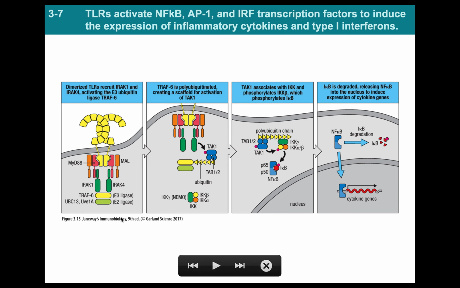Ubiquitin is put on by these things called an E1, E2, and E3 ligase. I think the IRAK proteins are going to act as the E1, and then the E2 and the E3 are going to bind to them. We don't have to remember which exact version of an E2 or E3 ligase we're going to activate, but we need to remember that we have activated an E2 and an E3 ligase.